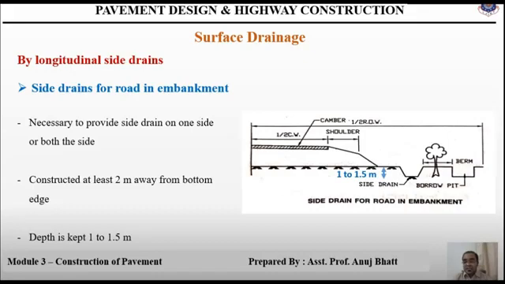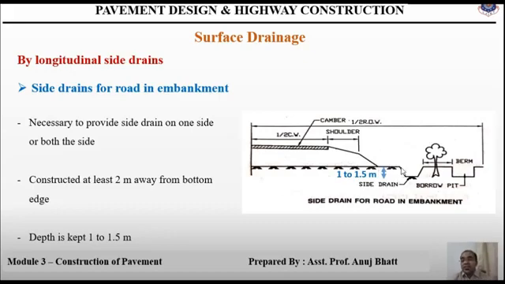What this method says is, when the road is constructed in embankment and it is necessary to provide side drains on one side or both sides, such side drains should be constructed at least 2 meters away from the bottom edge of the embankment. Here in the figure we can see the bottom edge of the embankment, and from here at least 2 meters away we can provide the side drain.